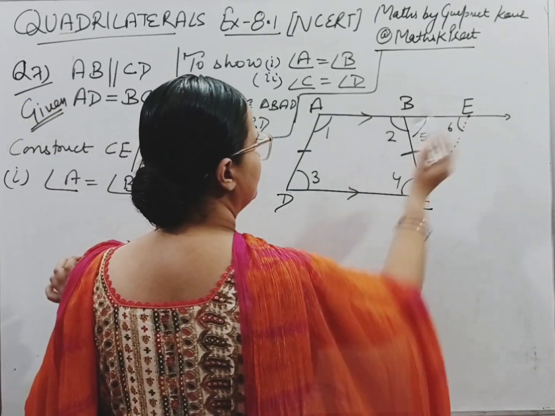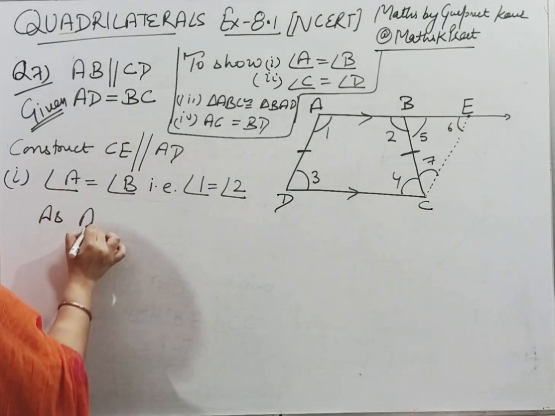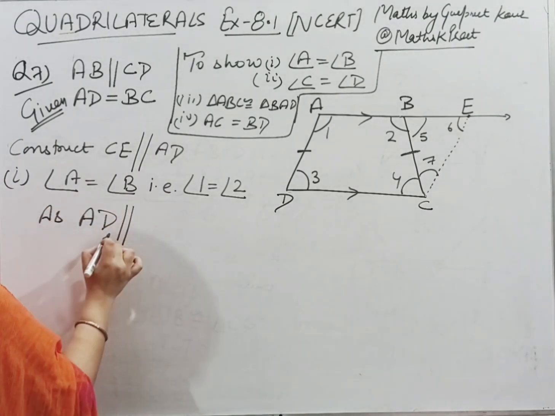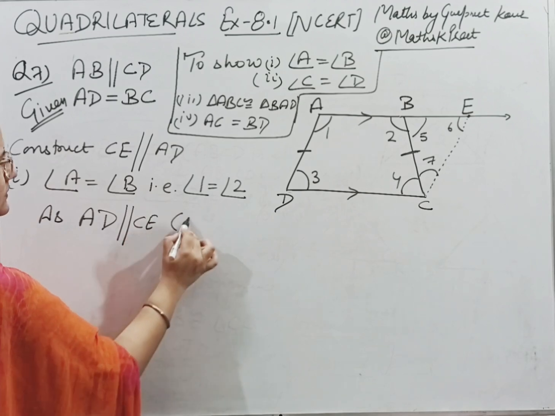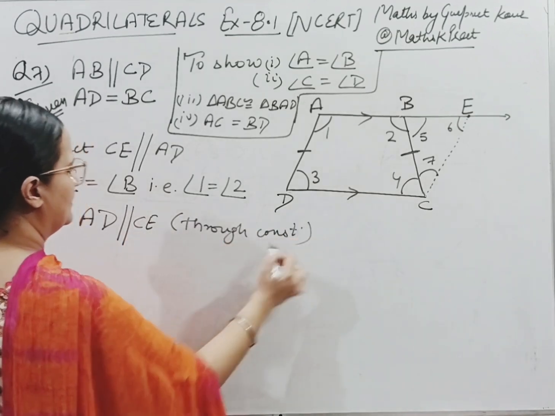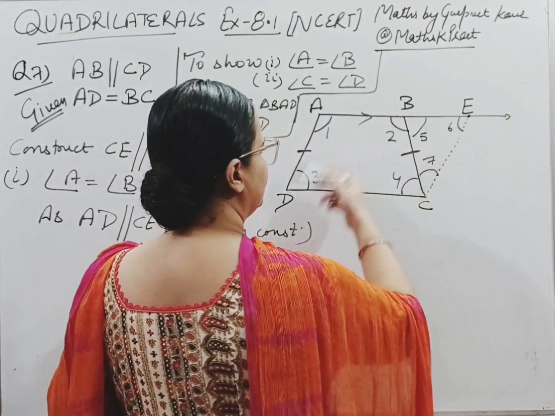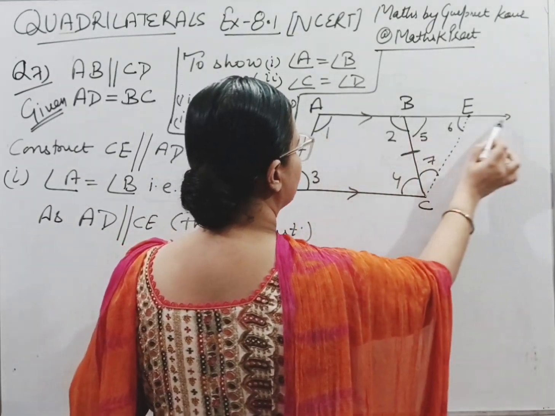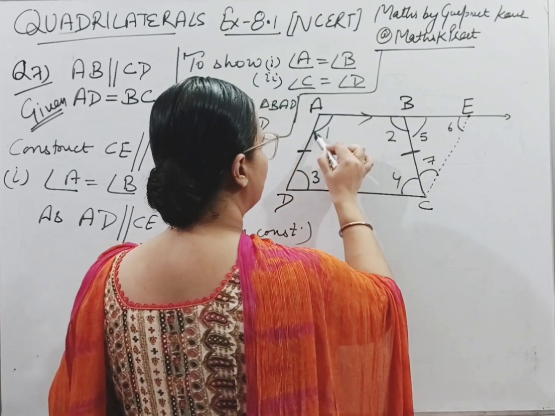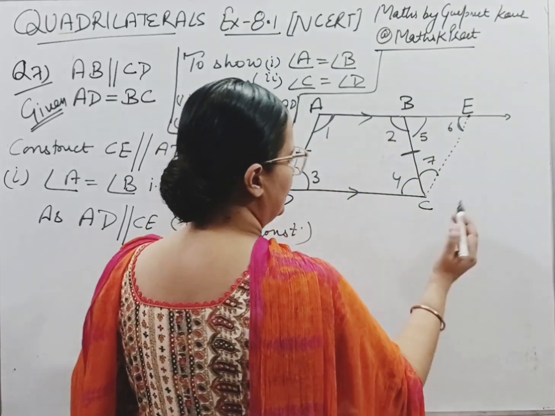AD is parallel to EC. We will write AD is parallel to CE by construction. So when these two lines are parallel and this is a transversal, then the sum of co-interior angles, this angle and this angle, will be 180 degrees.